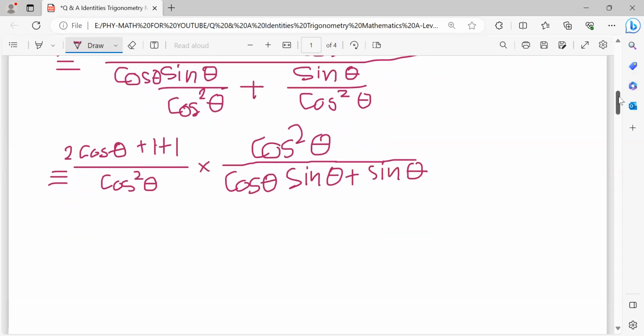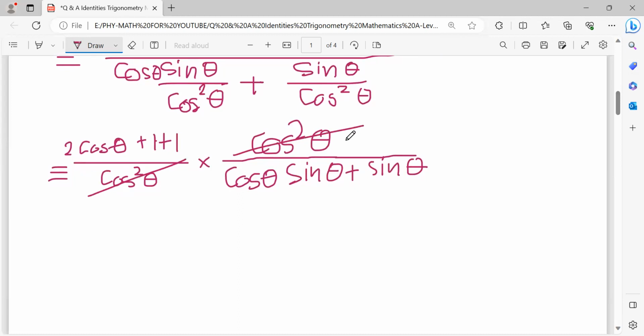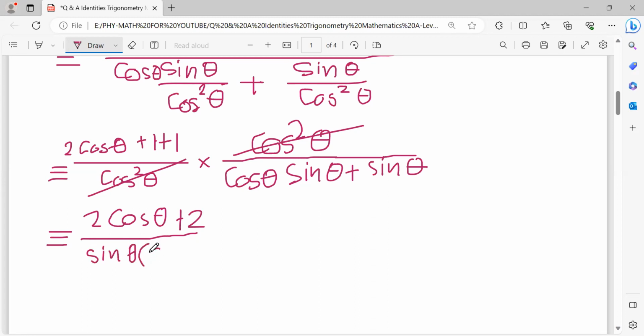So the next step, 2 cosine theta plus 2, over sine theta times cosine theta plus 1.